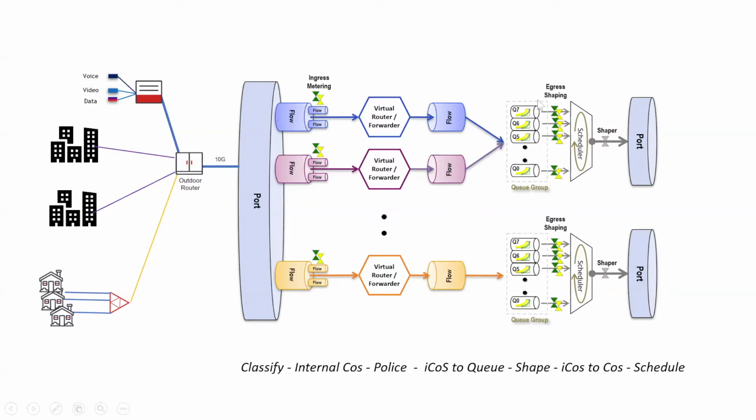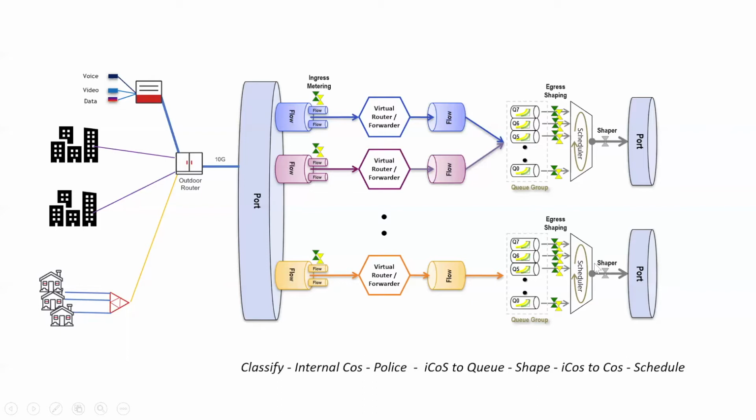Then what we do when we have these queues in the queue group is we shape them. Basically, it's almost like the metering on the way in. We're making sure that we're not sending out more traffic into the network than the network can handle. And so we'll do some congestion avoidance if there's too much traffic. And we'll talk about that a little bit later.